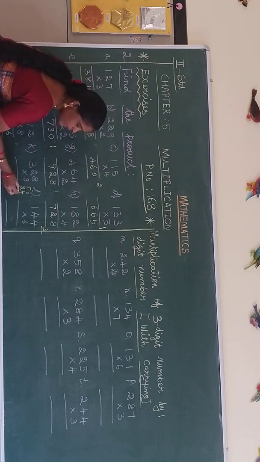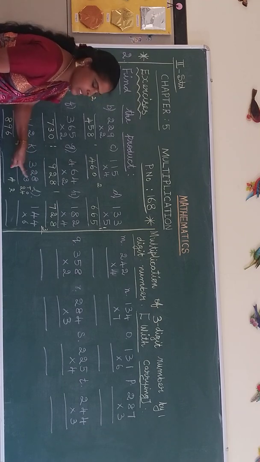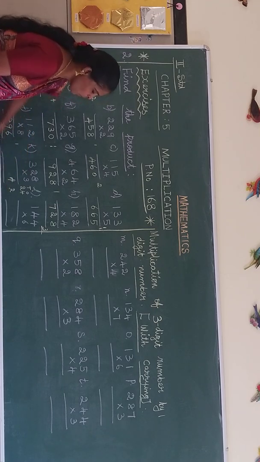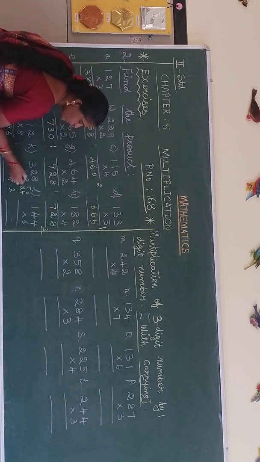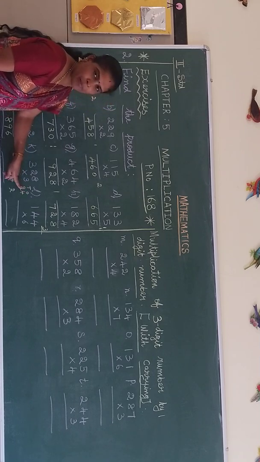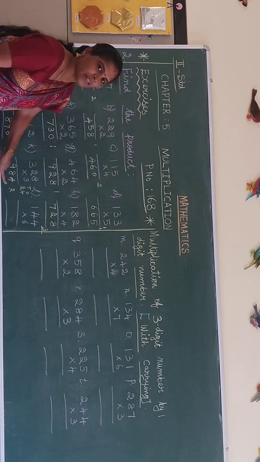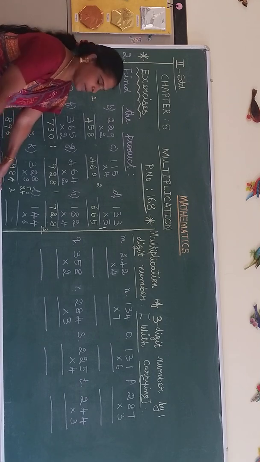You have to keep the 2 in the side, and 3 2s are 6. 6 plus 2, 8. Then 3 3s are 9. All the places you should keep in mind. Write the ones place number only in the ones place. The tens place number you should keep in the side.